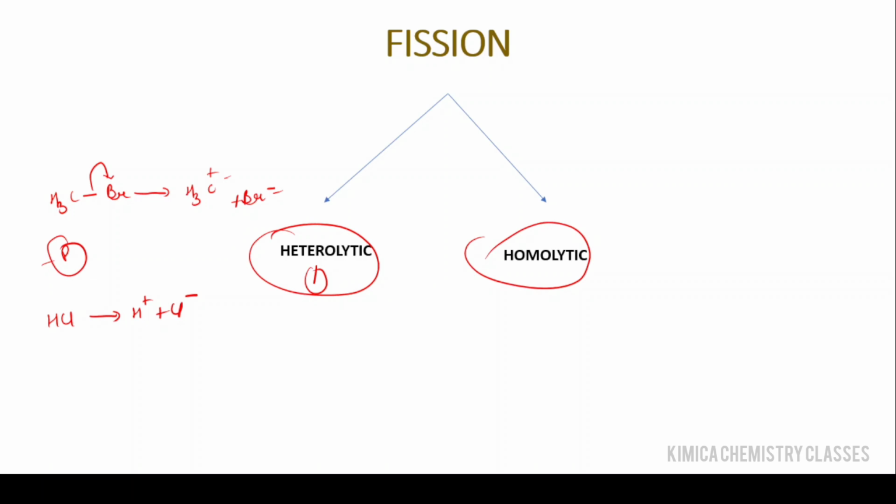Some examples: ethyl cation is a primary carbocation, isopropyl cation is a secondary carbocation, and tertiary butyl cation is a tertiary carbocation.